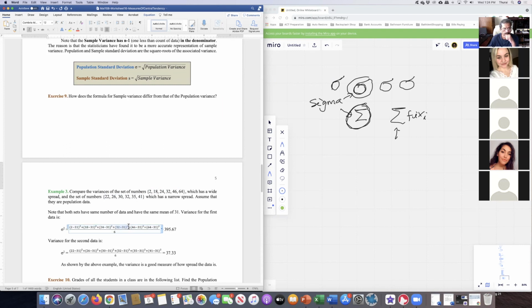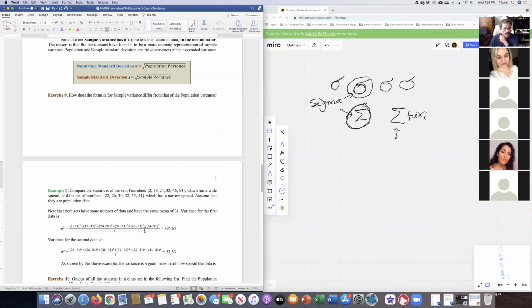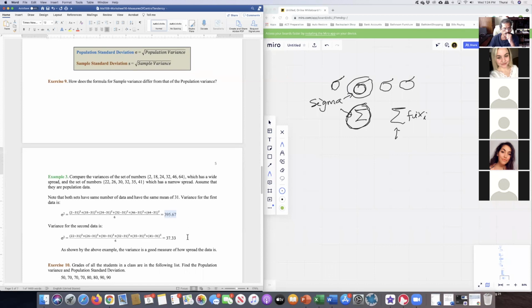I add them all up and then divide by 6 because this is population data. So the count 6 can be used. If it is sample data, you have to divide by 5, not 6. And you had to use your calculator to do that calculation, and it came up 395.67.